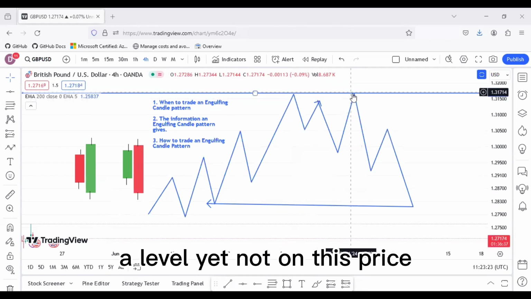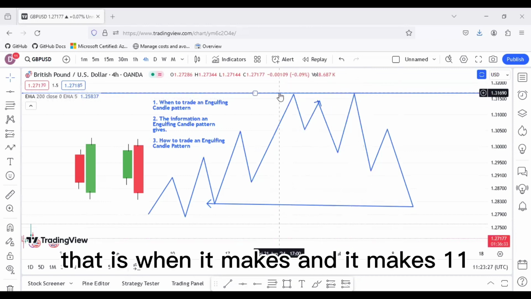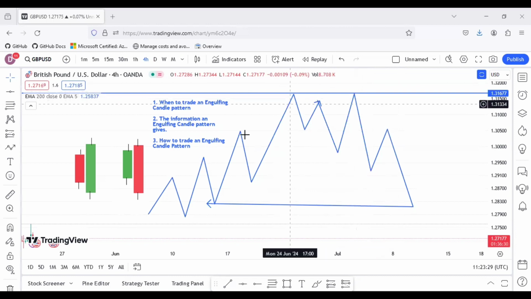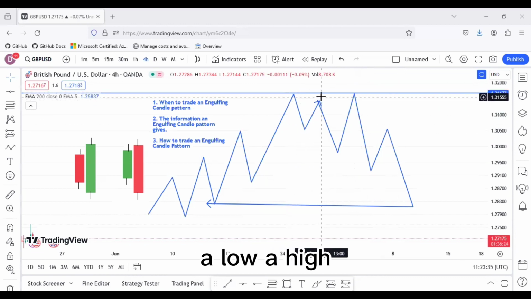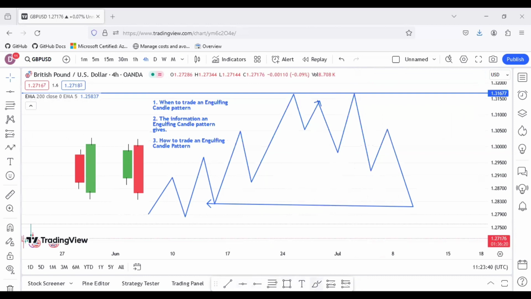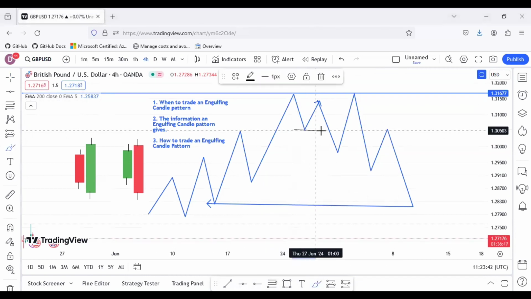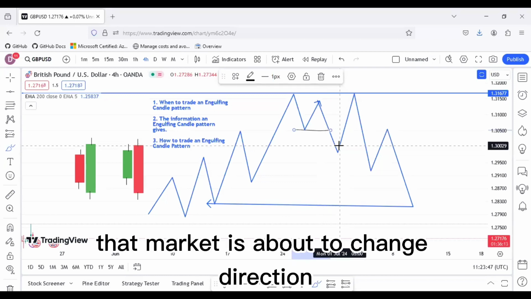Not until the price comes to this place, that is when it makes a level. Like for example, if we have a high here, a low, a high, a low. Here we have change of trend. At this point, we have change of trend, which indicates that the market is about to change direction.